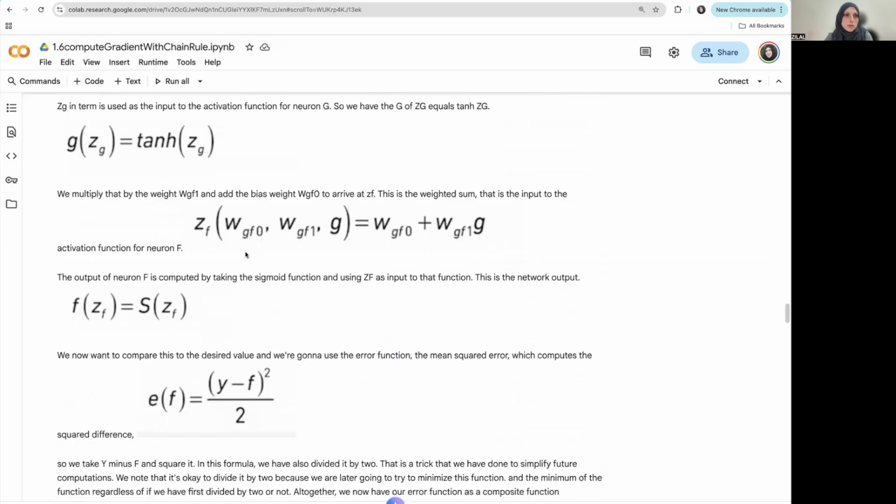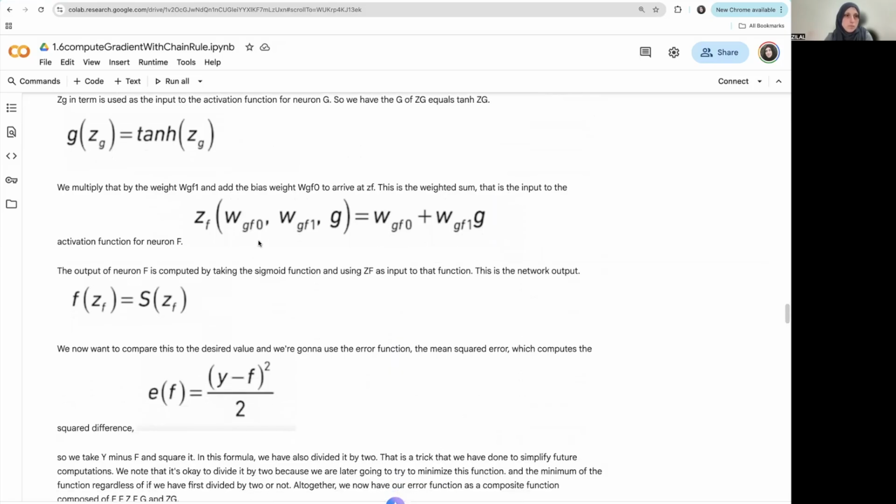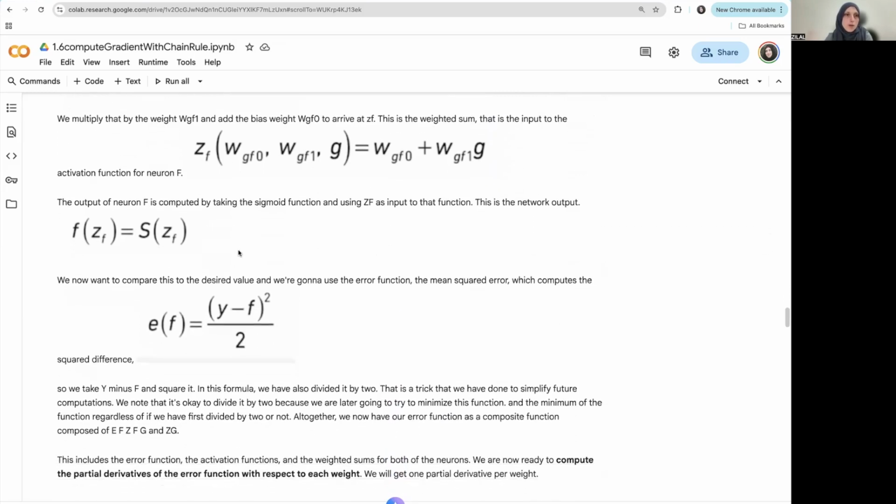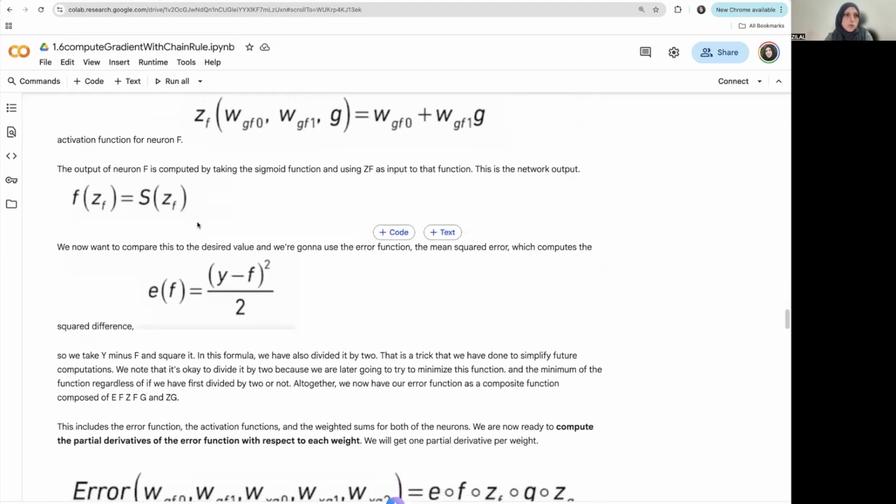We multiply that by the weight WGF1 and add the bias weight WGF0 to arrive at ZF. This is the weighted sum that is the input to the activation function for neuron F. The output of neuron F is computed by taking the sigmoid function and using ZF as input to that function. This is the network output.